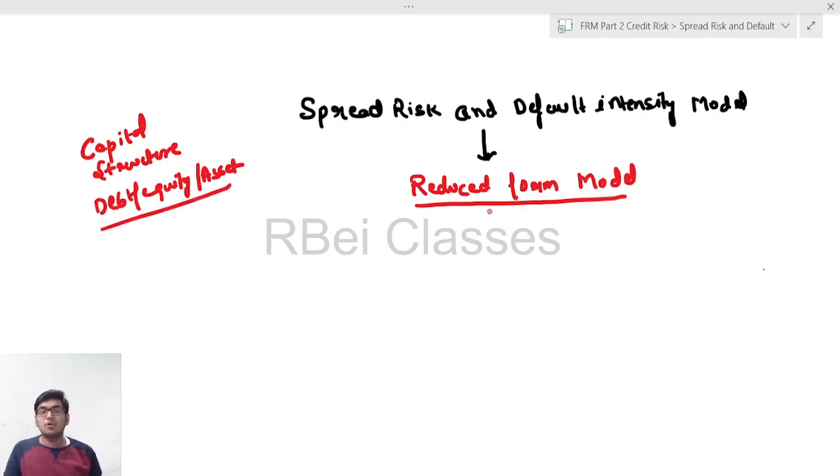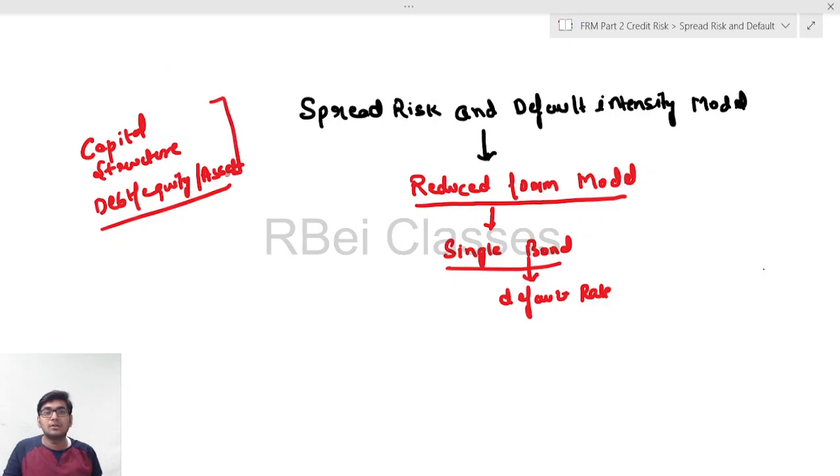But in the reduced form model, we are picking up a single bond of a company, and then I am identifying what is the default rate, or you can say probability of default of that particular bond. Over there we are finding out the default of the organization. Over here I am going to find out the default of a single bond.